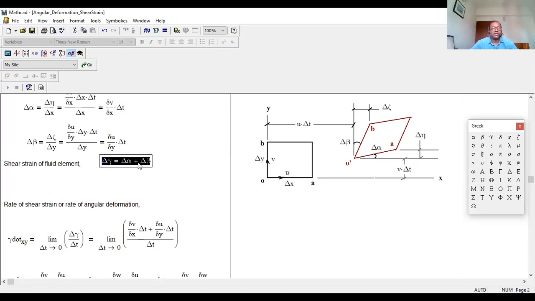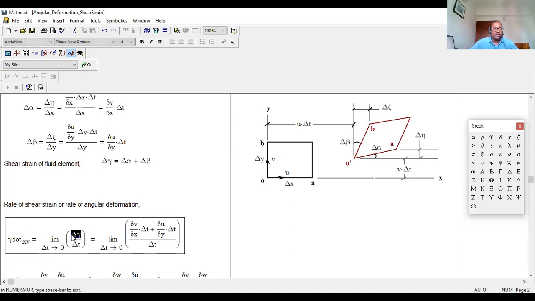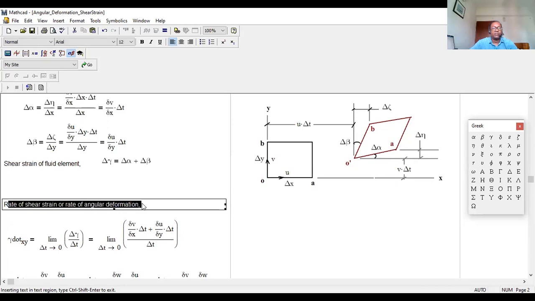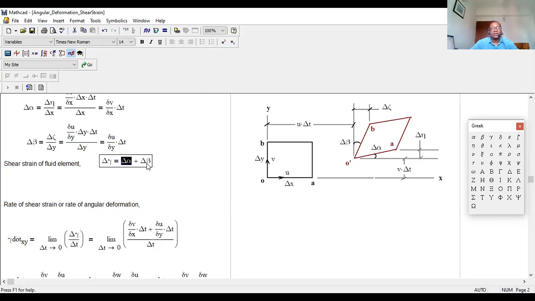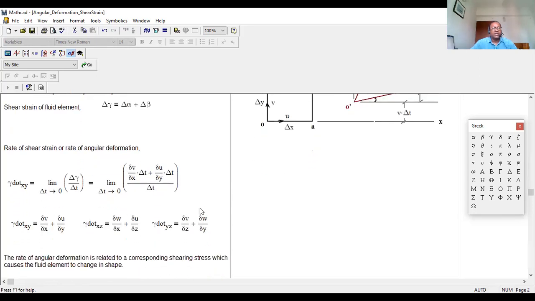Within time delta t. So you divide by delta t, and that will be the strain rate, the rate of shear strain, or rate of angular deformation. So gamma dot xy equals the limit as dt tends to 0 of this value. Now you just substitute the two values, del alpha and del beta. Then you divide by the time, then the time will be out. Then you get this one.